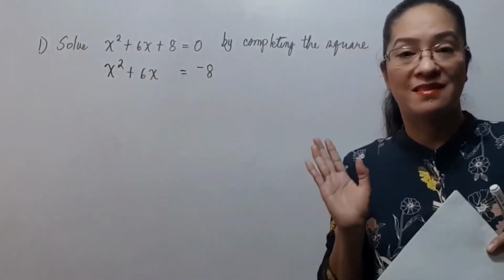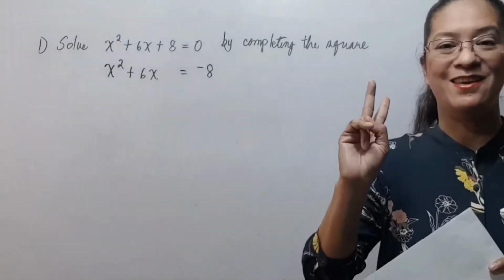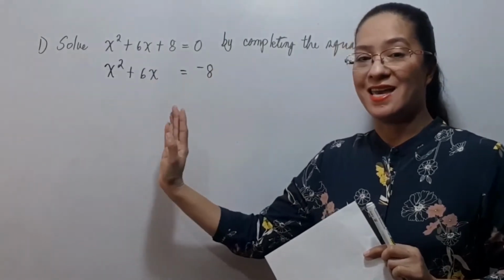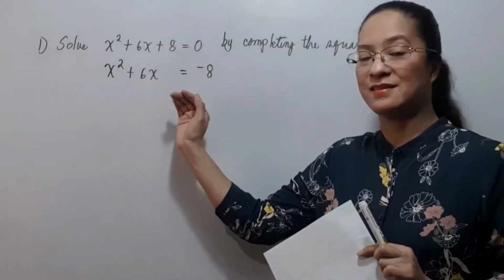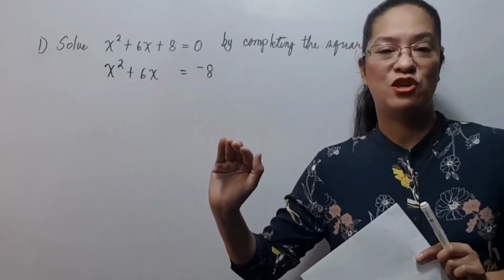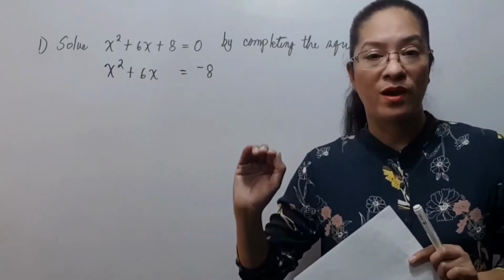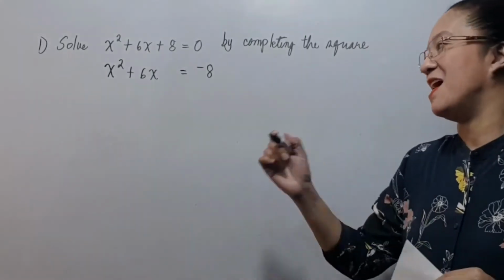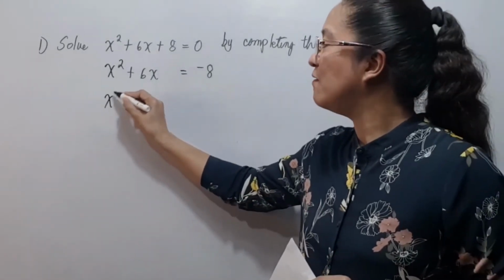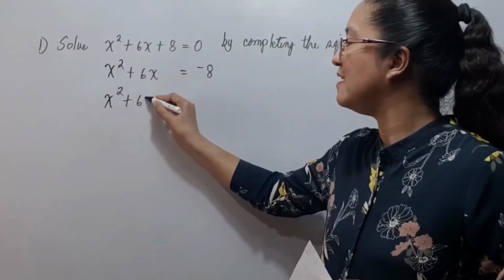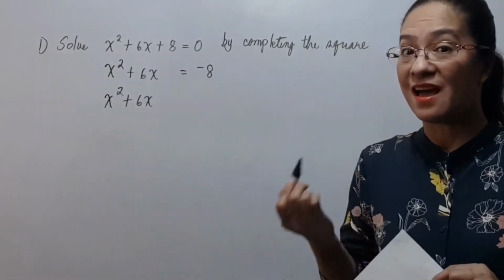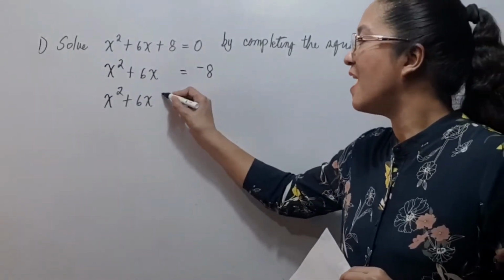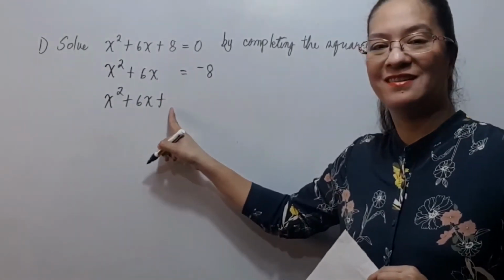Okay, next step. Pangalawang step na tayo. Okay? You are going to make the left side, kasi nga, x squared plus 6x, gagawin natin siyang perfect square trinomial. Katulad ng pre-practice natin kanina. Okay? So, we have x squared plus 6x. Dahil madali na sa atin ngayon na gawin siyang perfect square trinomial, ano yung i-add natin dito?